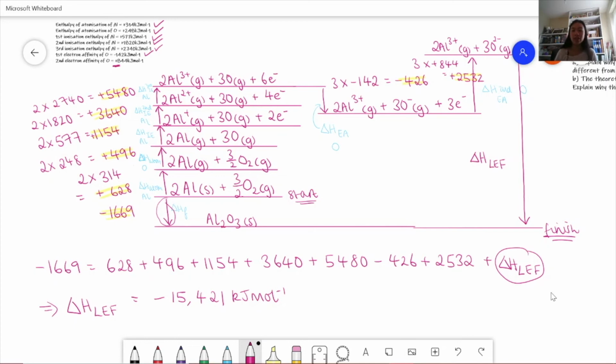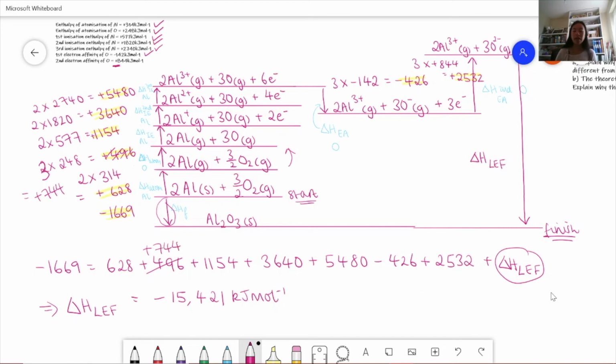Actually, checking it again, this stage that we've done here, where we've converted the 3.5 oxygens to 3 oxygen gaseous atoms, this value is supposed to be 3 times 248, and so it's not 496. That's equal to plus 744. And so here we have plus 744.